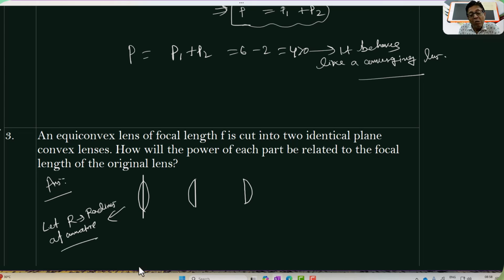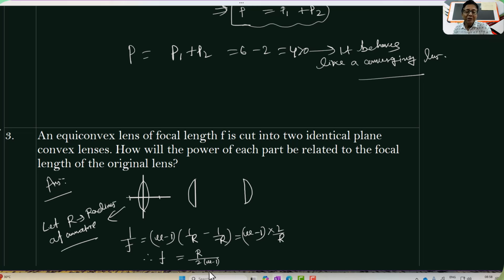Then 1 by f will be equal to mu minus 1 into 1 by R, because this R is positive and this is negative, so minus 1 by minus R. This is going to be mu minus 1 into 2 by R. So f is equal to R by 2 into mu minus 1.